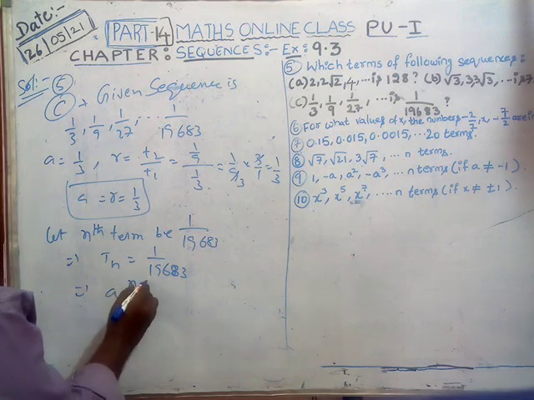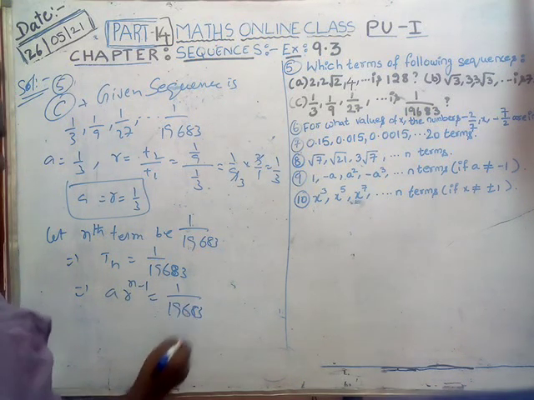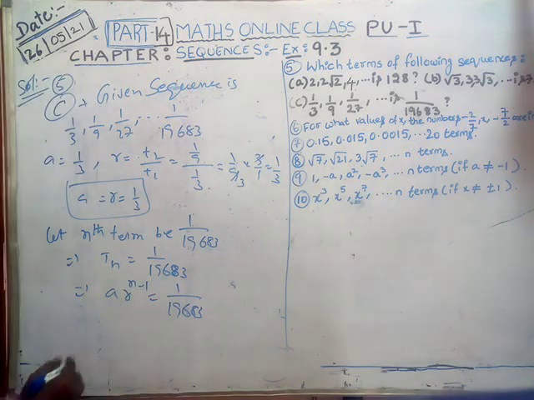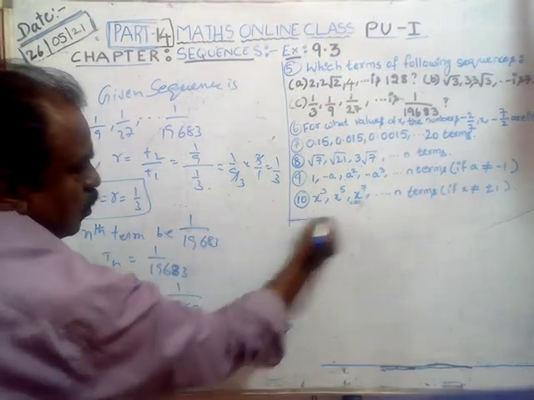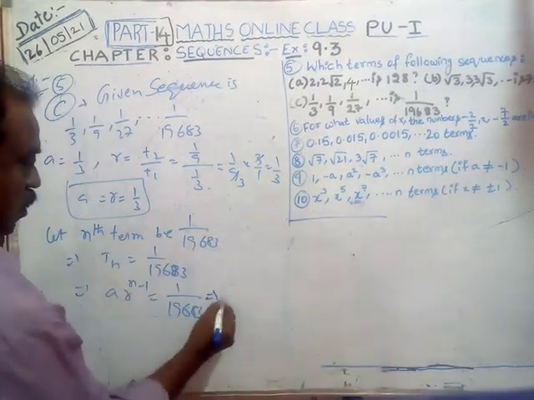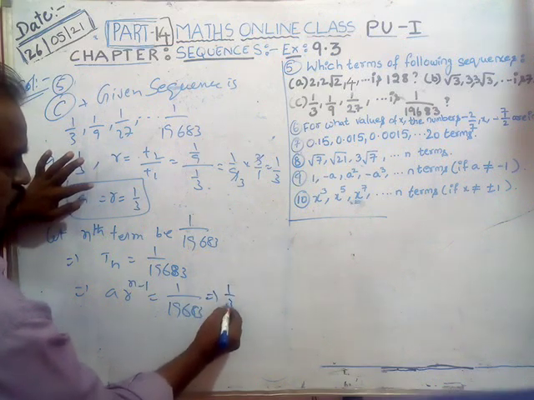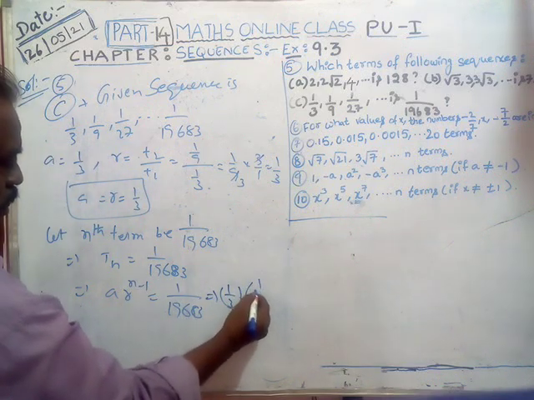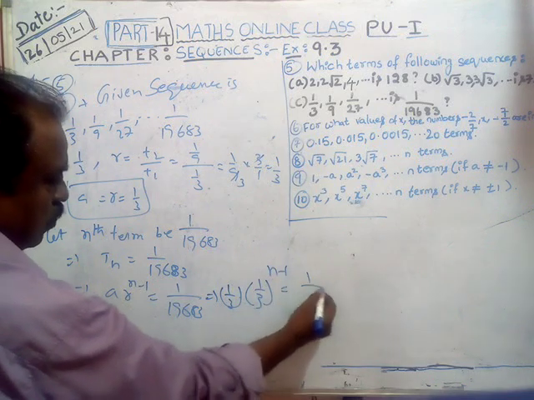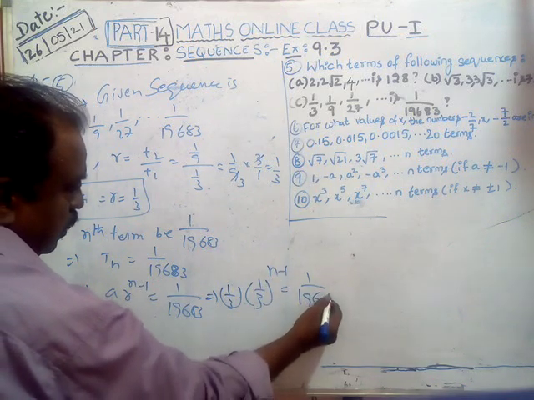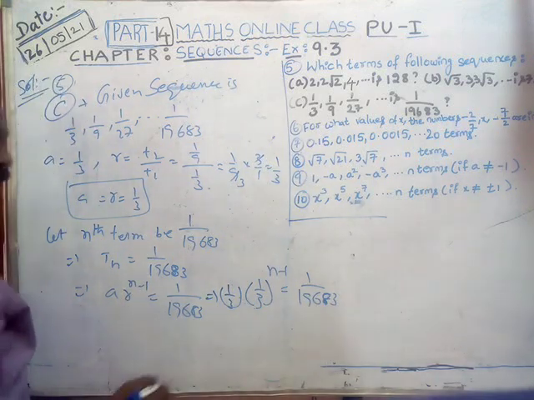A r power n minus 1 is equal to 1 by 19 something. You see, what is A? A is 1 by 3, R is also 1 by 3, power n minus 1. This is 1 by 19,683 is there. Okay?